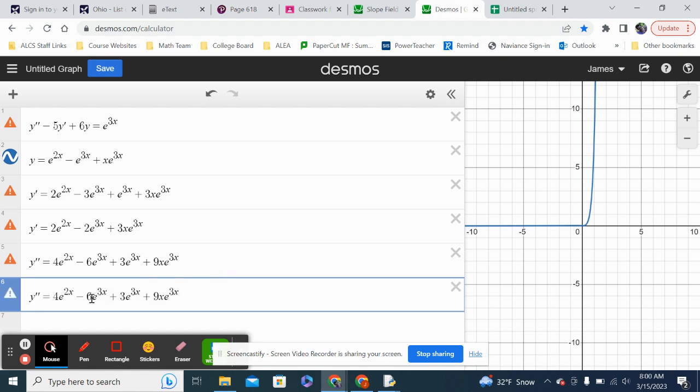Got this minus 6e to the 3x, and this plus 3e to the 3x, so that just makes a minus 3e to the 3x. Oops.